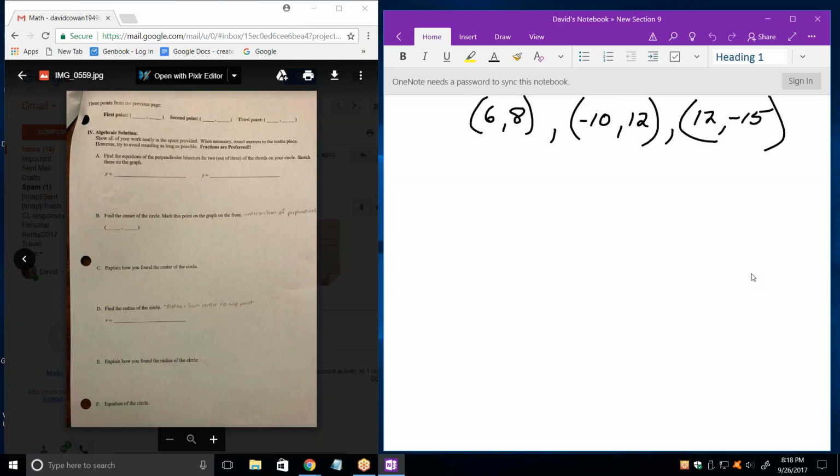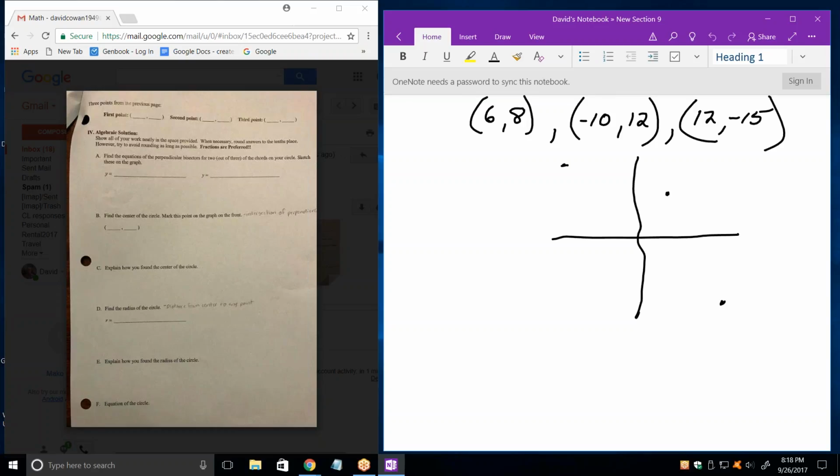I'm going to just approximately draw that again without using their crazy grid. There's 6, 8. There's negative 10, 12. And there is 12, negative 15.